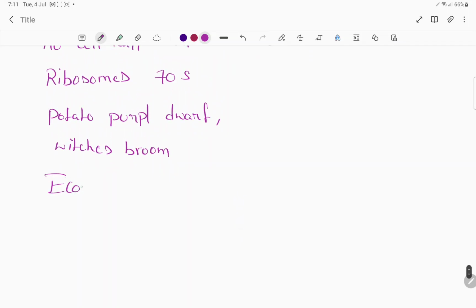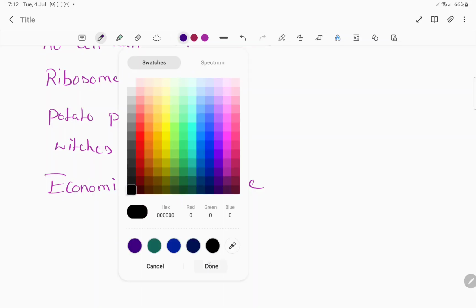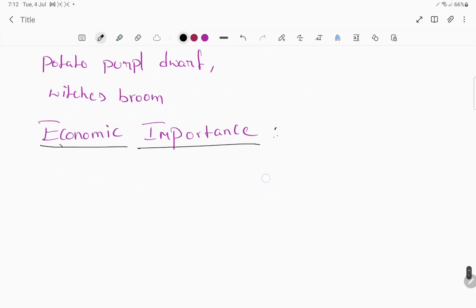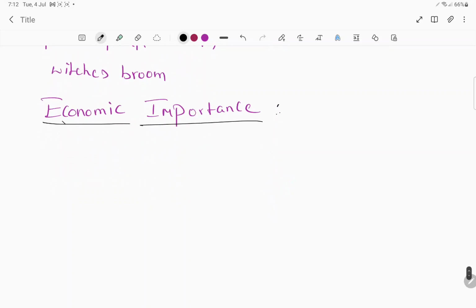Coming to the economic importance of bacteria of kingdom Monera. Heterotrophic bacteria are the most abundant, and the majority are important decomposers.